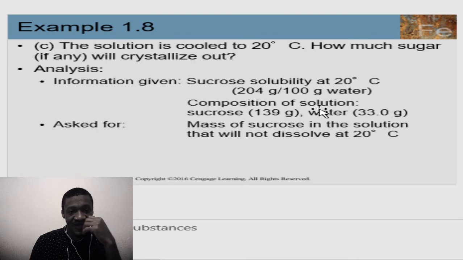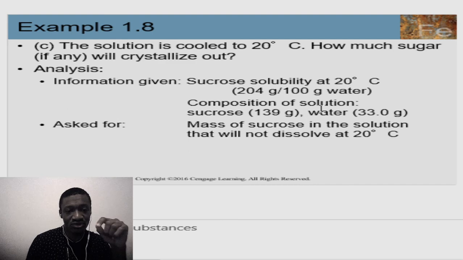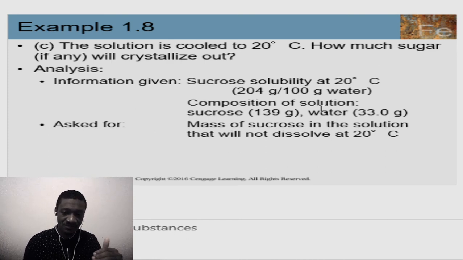Makes much sense. So you have another example, 1.8, and this one is slightly different now because they said the solution is cooled down to 20 degrees Celsius. So the question is how much sugar will crystallize out? So it's almost like you cool it down, what amount of sugar will be left in crystal form?